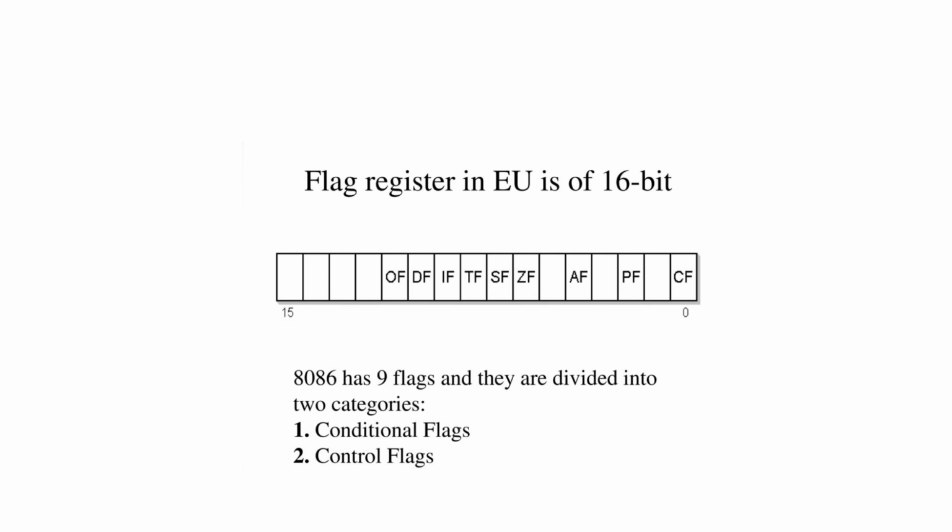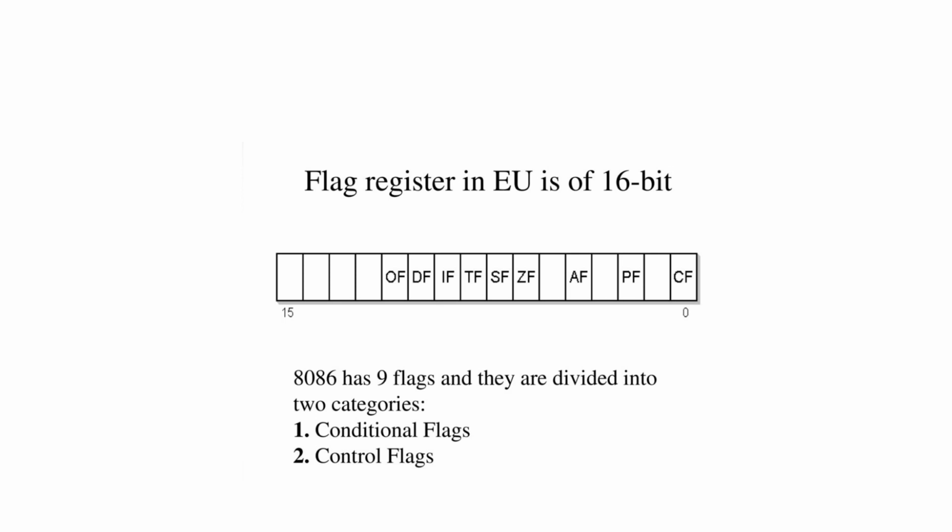Here, various flags: OF means overflow flag, DF means direction flag, IF means interrupt flag, TF means trap flag, and SF means sign flag. ZF is nothing but zero flag. AF is nothing but auxiliary carry flag. PF is nothing but parity flag. CF is nothing but carry flag.